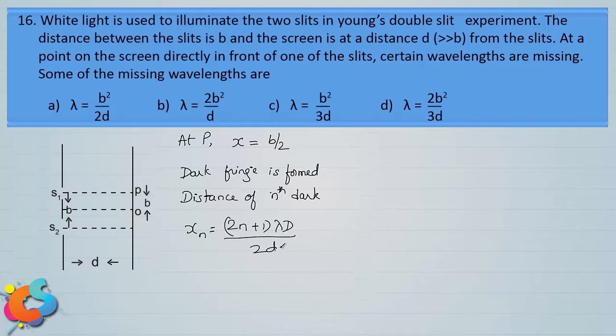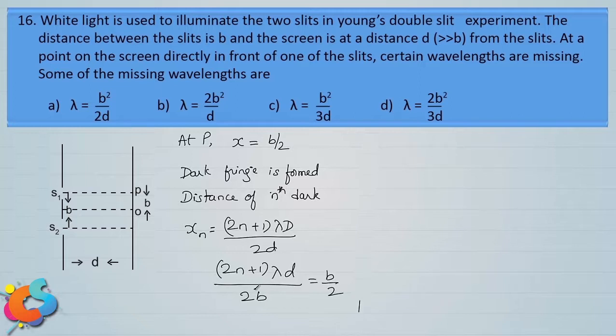And let me make use of the real symbols which are given in the question, that is (2n plus 1) into lambda into, in place of capital D you should write small d, divided by 2 into, in place of small d you should write small b. This is equal to the distance of the dark fringe as given in the figure. It should be equal to b by 2.